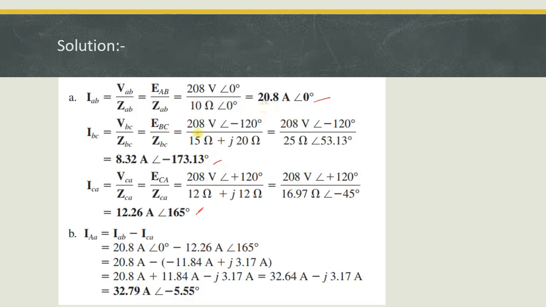Here the magnitudes of the currents are unequal. As I already told you, if the magnitudes of the currents are unequal, it is clear that the load is unbalanced, so the vector addition of these three currents is not equal to 0. It is the main observation.